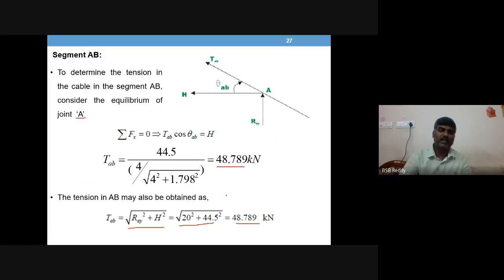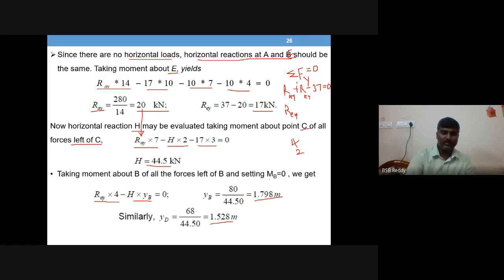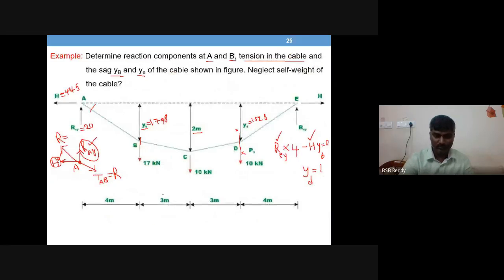Right. What is the other way? By components, that's it. Sigma Fy equals 0, sigma Fx equals 0, same equilibrium concept. So sigma Fx, assuming that this is some theta, okay, right?